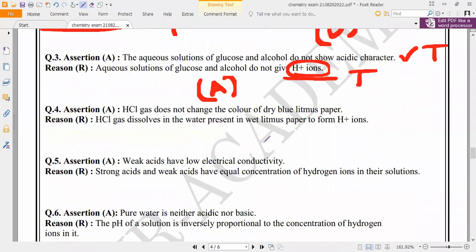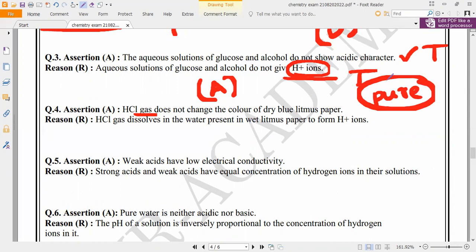Next, fourth question. Let me see who will say. Hydrochloric acid gas does not change the color of dry blue litmus paper. Hydrochloric acid here is not a solution, it is a gas. When it is in the pure gas state, I already told you, it will never show its acidic character. Only when it is in the aqueous state will acids show the property.